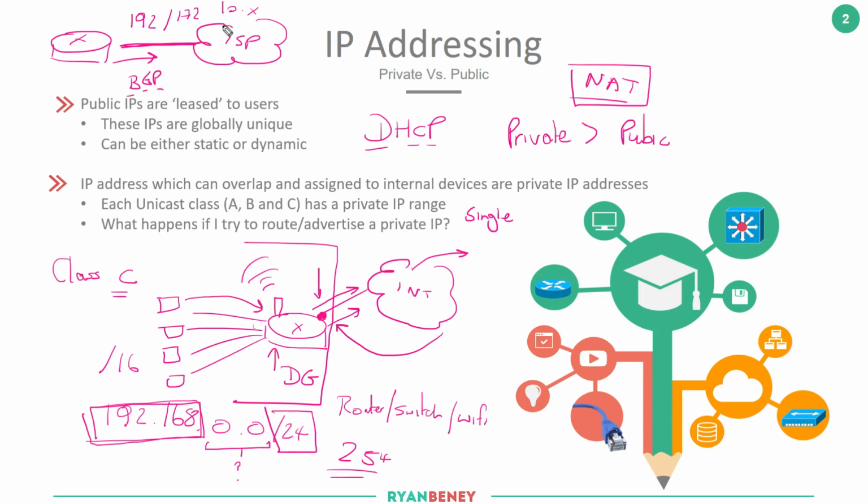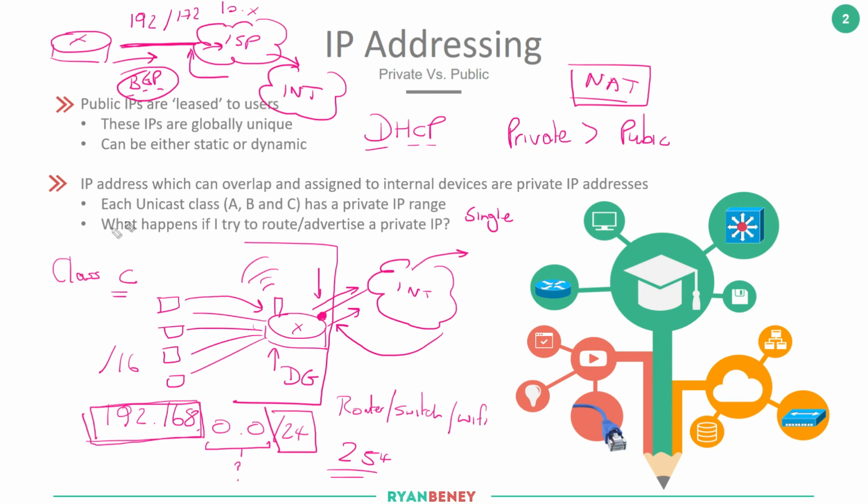Normally what would happen is your ISP would have filters on the inbound interface that would essentially drop this session to you to prevent those IPs from leaking into the ISP and then onwards towards the internet. Because these IPs are private and they should remain private within a premises or within a network. That's why they can overlap.